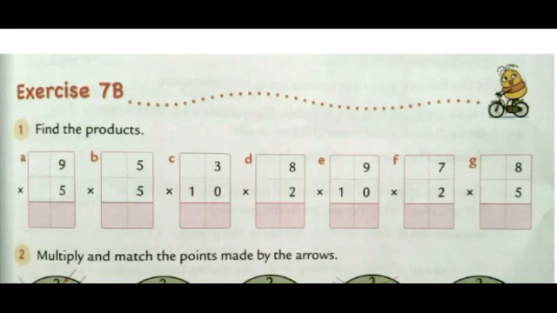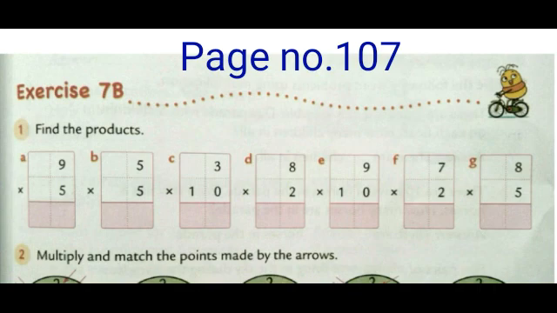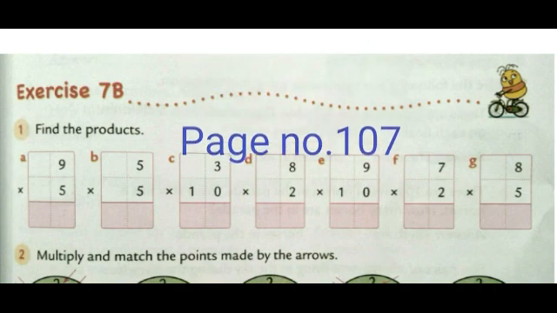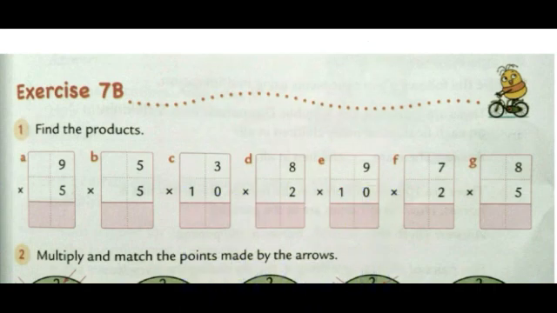Now scholars, we move on to the next page. Page number 107. Exercise 7B. Find the products. Before starting with this topic, let me tell you the role of 1 and 0 in multiplication. Scholars, when you multiply any number by 1, the answer is always that number.